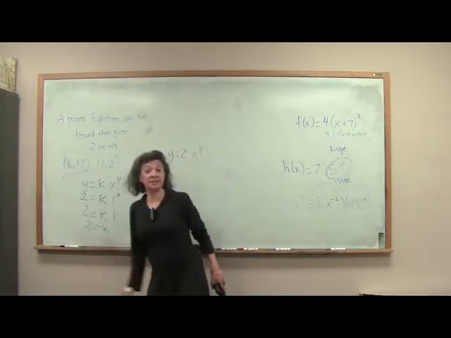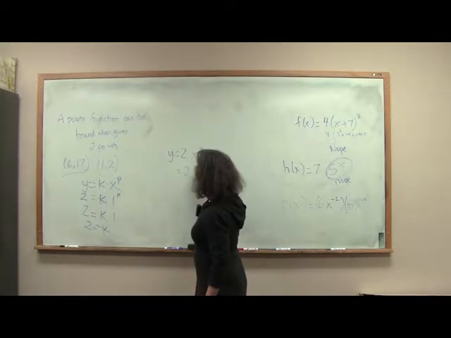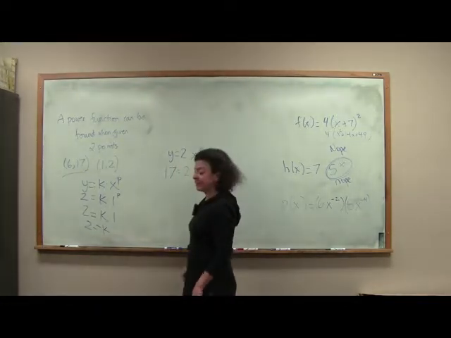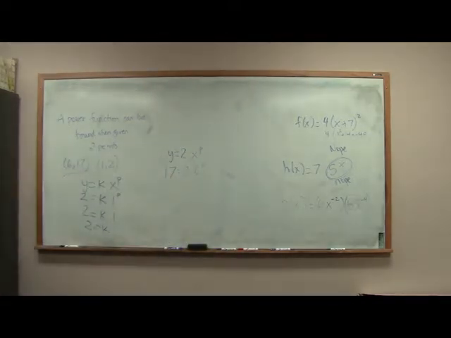Well, might as well use the other ordered pair because we know that when x is equal to 6, my function is equal to 17. All right, is this something we can solve? You bet it is. Thank goodness for logarithms. Let's go through and do this.